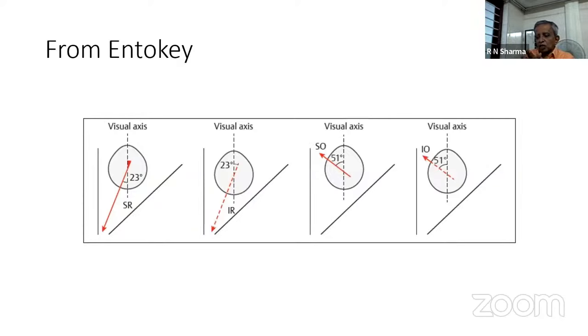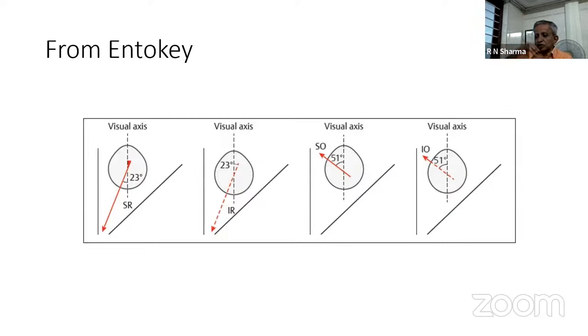Now looking at the oblique muscles, we have two oblique muscles, superior oblique and inferior oblique. Superior oblique, as I already told you, arises from the most posterior part, the apex of the orbit, runs along the roof, then turns backward.